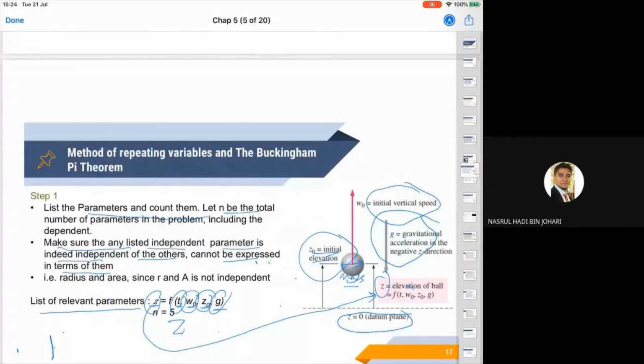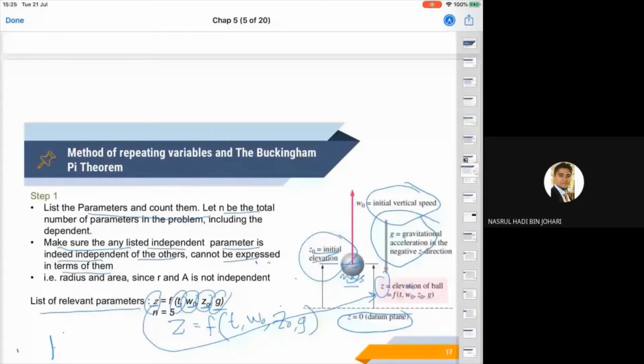So z is the elevation of the ball, which is a function of a few parameters: first is time, definitely time, also w0, which means the initial speed, or in this case vertical speed, z0 and g. z0 is the initial elevation of the ball, and g is gravity.